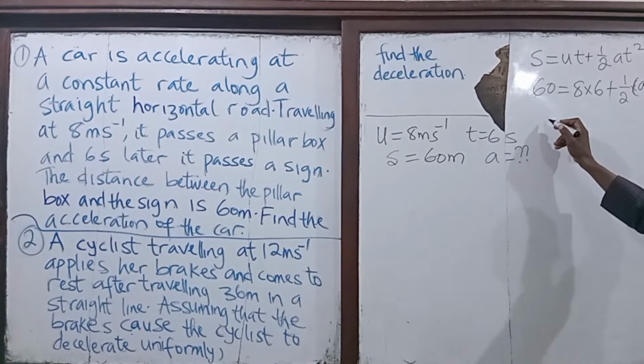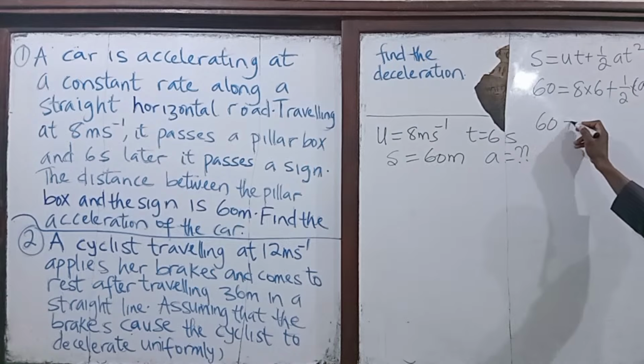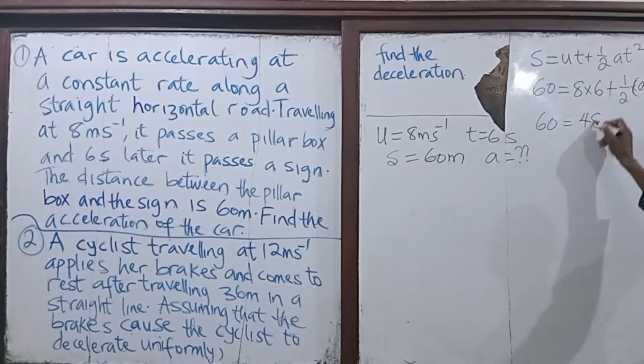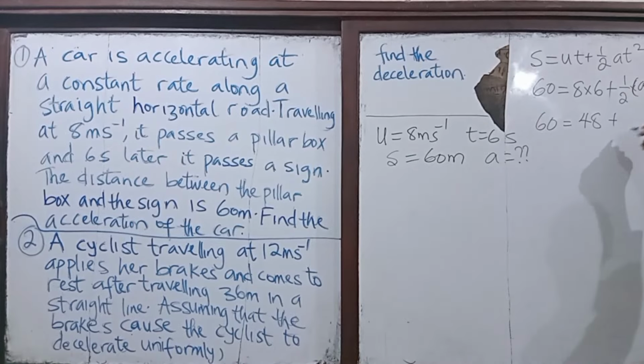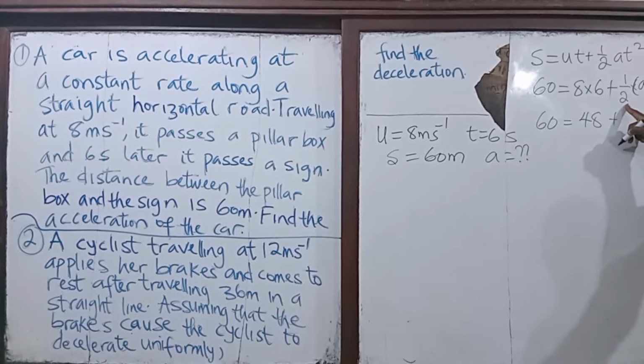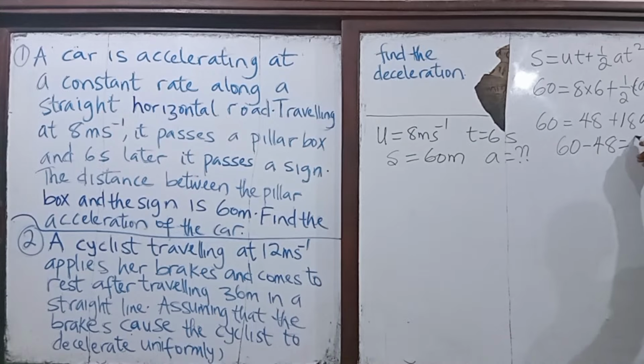That will give me 60 equals 48, 8 times 6, plus 6 squared, that's 36, over 2, which is 18a. 60 minus 48, that's 12, equals 18a.